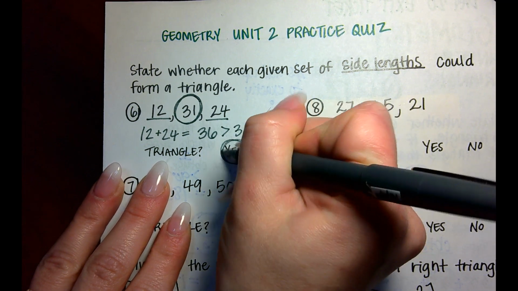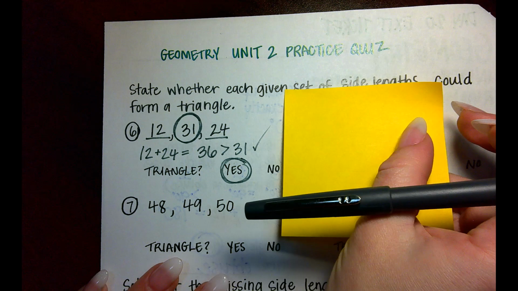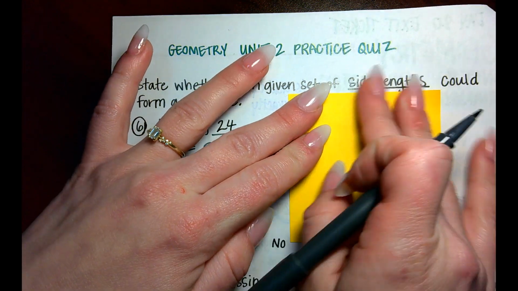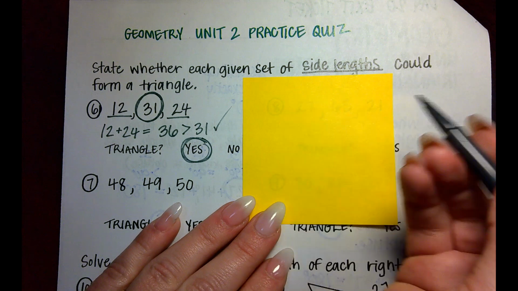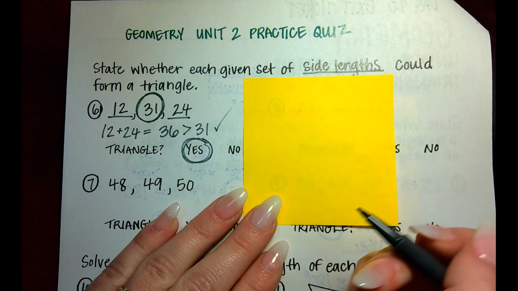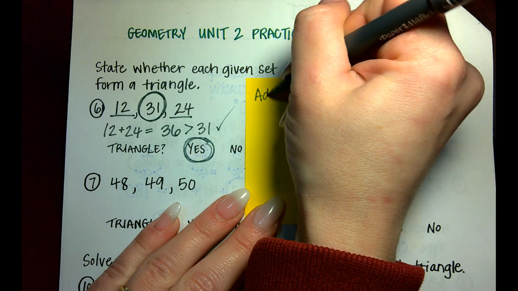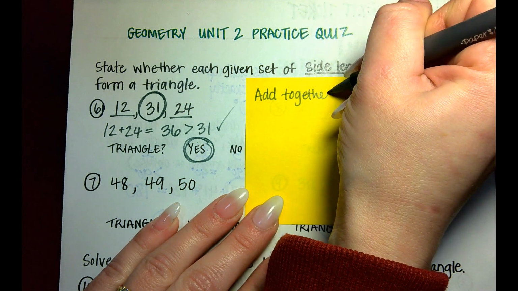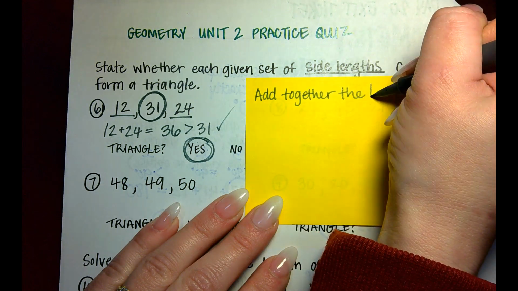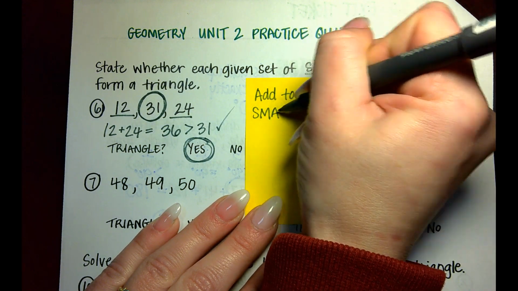Yes. In case it's been a while since we've done this, I'm going to write out some little steps as a guide if you need it. For side lengths, we add together the 2 smaller sides.